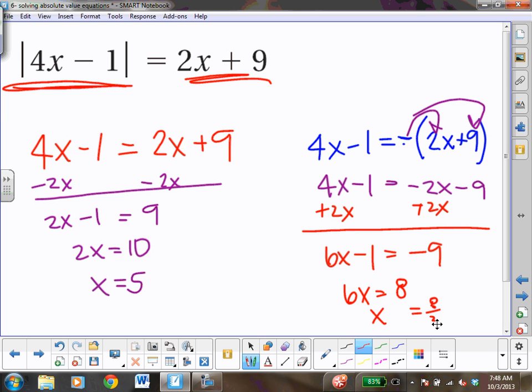That gives 4 over 3, negative. So again, two solutions, two places where my graph crosses the x-axis.